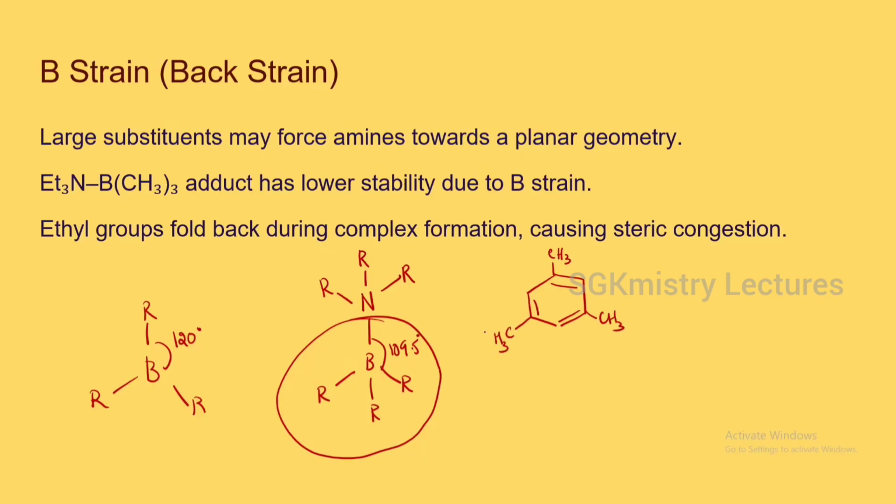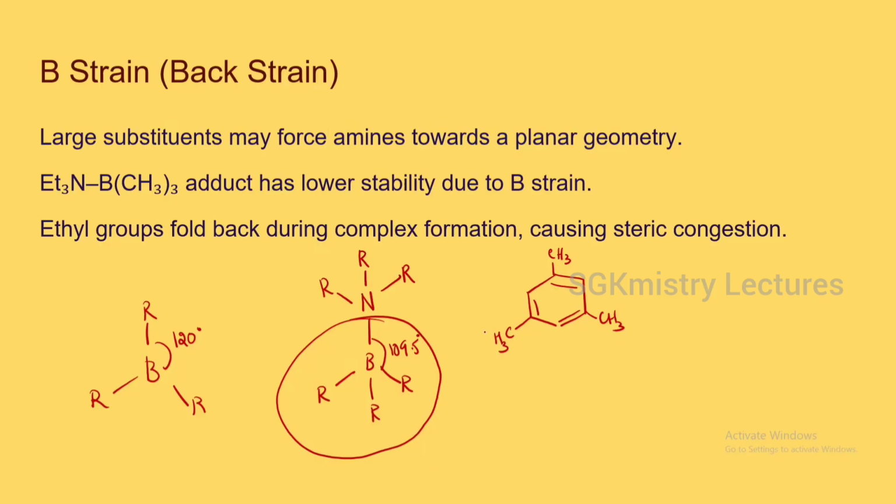When such bulky groups are present as substituents on boron, the steric strain increases. Because of the strain, mainly due to the decrease in bond angle from sp2 to sp3 as the hybridization changes, the groups are forced to bend back or fold back. Because of this, we call it the B strain or the back strain.